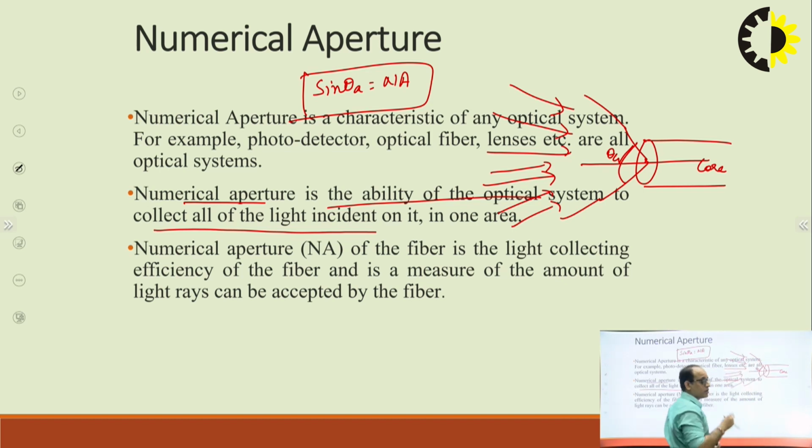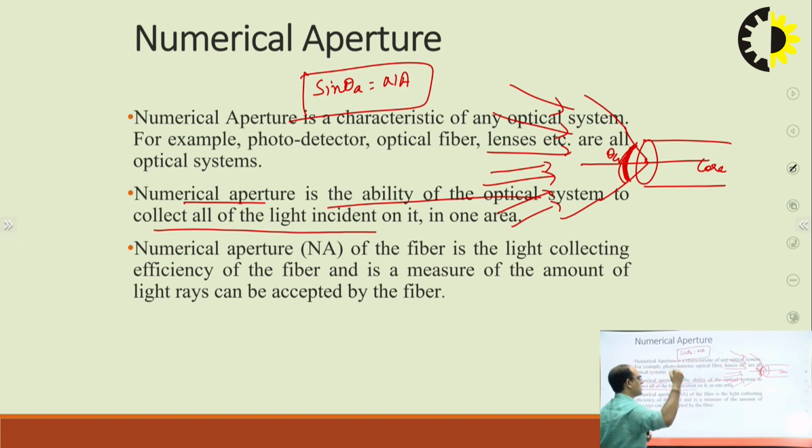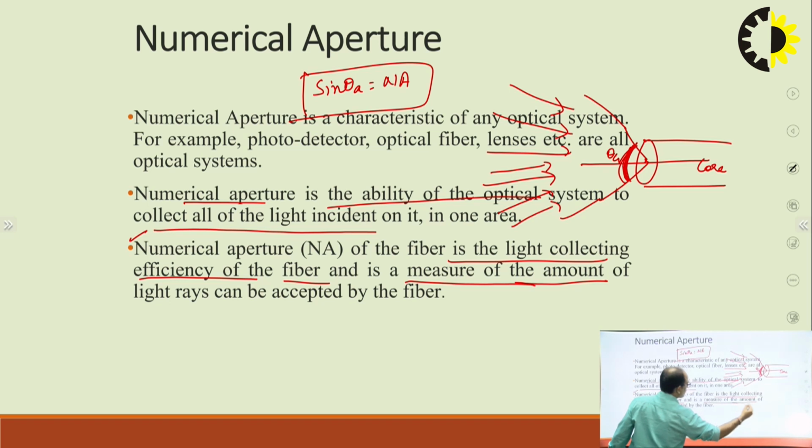So ultimately we can say this numerical aperture will depend upon the acceptance cone or acceptance angle. It is the light collecting efficiency of the fiber, and also the measure of the amount of light that can be accepted by the fiber. Clear?